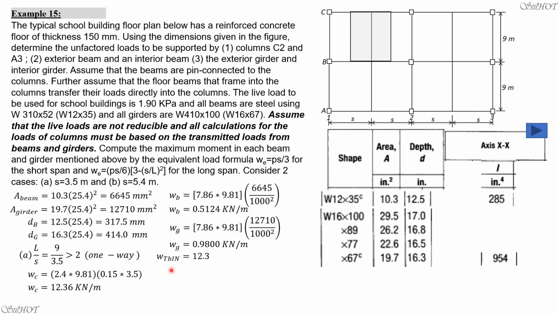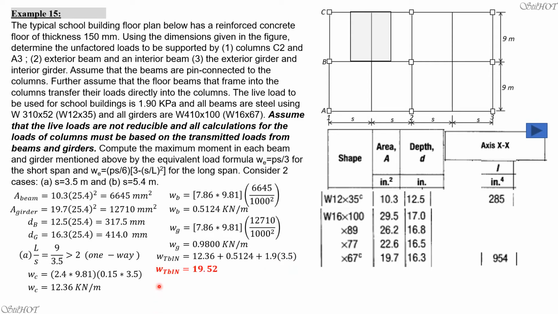So the total uniform load on the interior beam is equal to 12.36 kilonewton per meter plus the weight of the beam. Take note, this is the weight of the beam. Then plus live load 1.9 kilopascals, multiplied by S to make it kilonewton per meter.